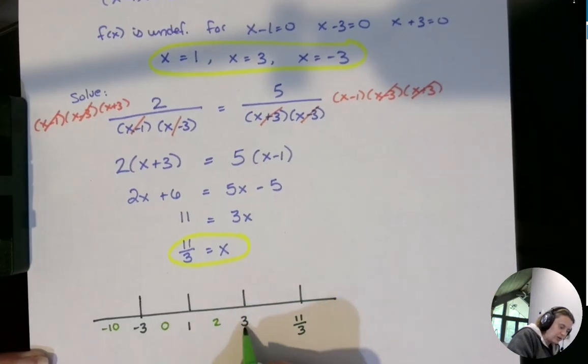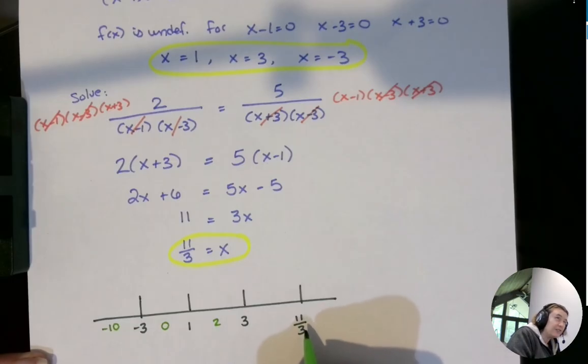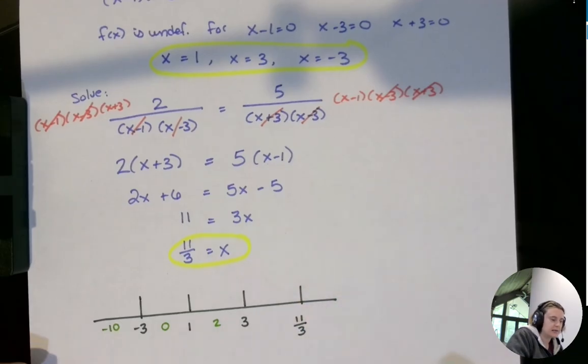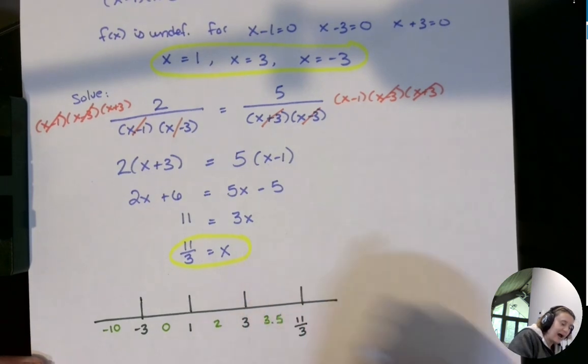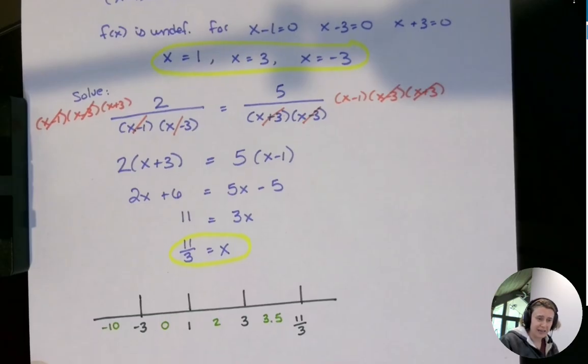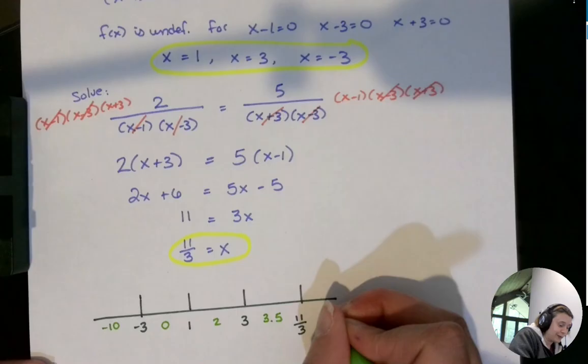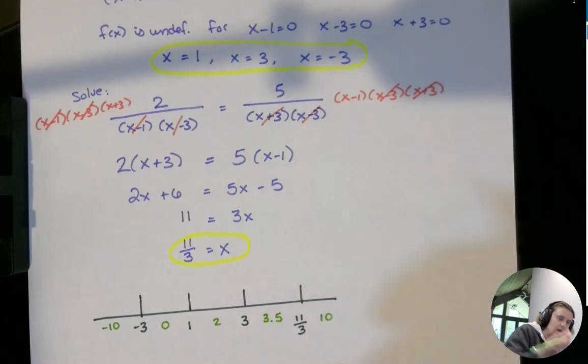And in between 3 and 11 thirds, 4 is 12 thirds, so 4 isn't in between these. 11 thirds is 3 and 2 thirds. It's like 3.6. So if I pick something like 3.5, 3.5 should be less than 11 thirds. And then for the bigger thing, I can pick 4, 5, 6. Let me just go with 10. It's something definitely bigger than the 11 thirds.